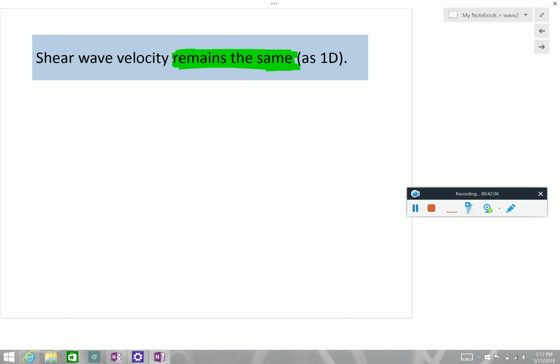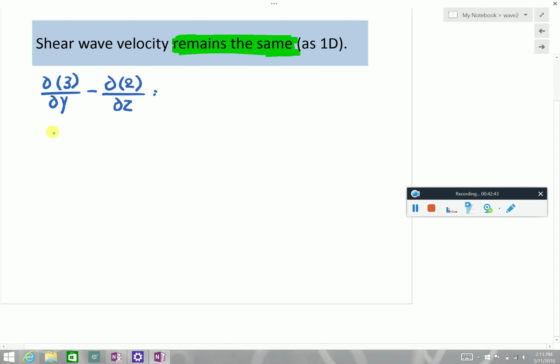It's pretty simple. If we take the derivative of equation number 3 with respect to y, and then we subtract from this the derivative of equation 2 with respect to z, this way we can eliminate anything related to volumetric strain.